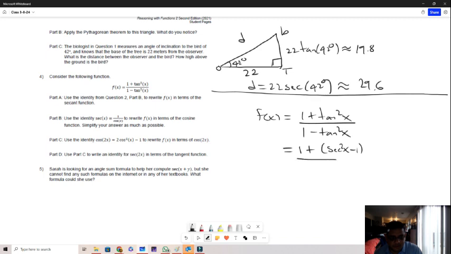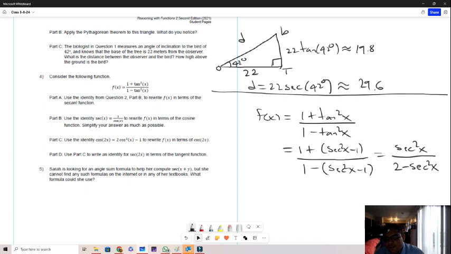In any of the two cases, this will work out fine. Here, secant square minus 1 as well. Notice that 1 goes away with the minus 1, and this is becoming secant square. And now this minus with minus here, it becomes a plus, and we have 2 over secant squared.